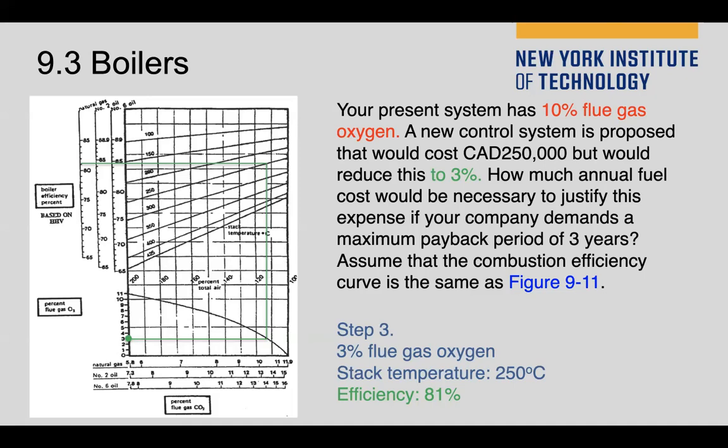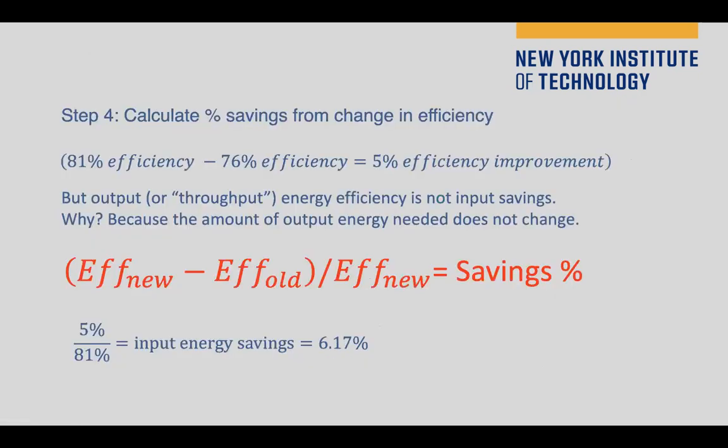But because now we know the saving percentage, and we take this number as the saving, that means if in 3 years we can have the saving of 250,000, then we can go ahead on this project.